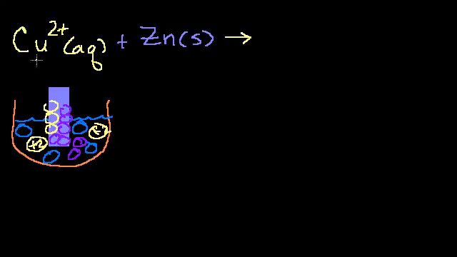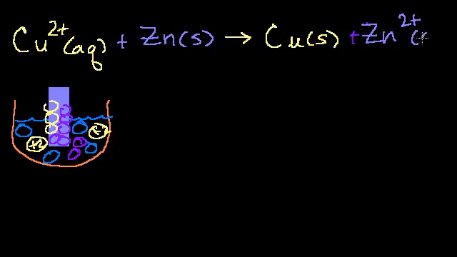If the copper can get some electrons, they're going to go into the solid state. Copper will go into the solid state. And if the zinc can lose some electrons, they'll become positive ions or cations, and then they will go into the solution. Plus, I'll do it in the same color, plus zinc +2 aqueous.